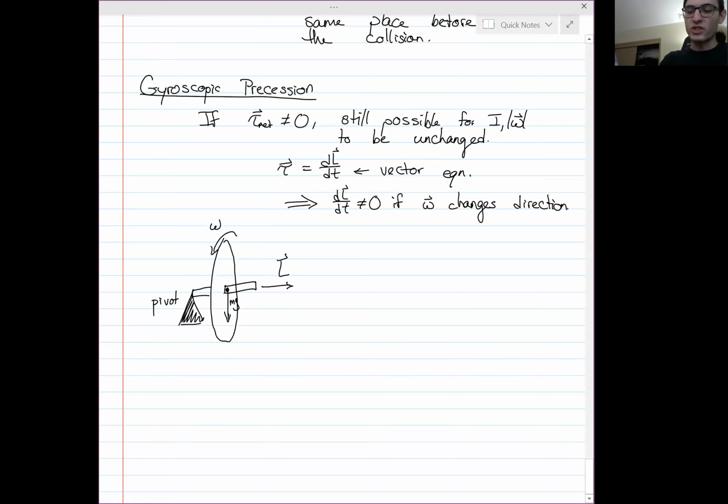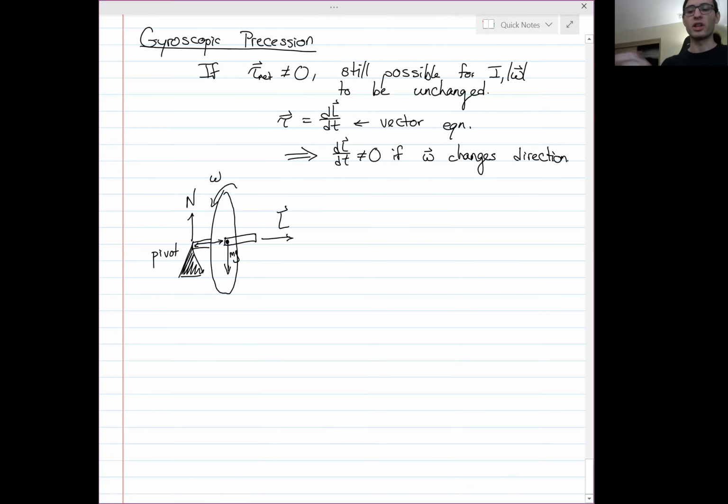Now, we have this force here, and we have this pivot here. By the way, there's one more force at play. That's a normal force pointing upwards. It's not going to do any torque. It's not going to affect anything. But importantly, we can take the cross product of a vector that goes to the right.